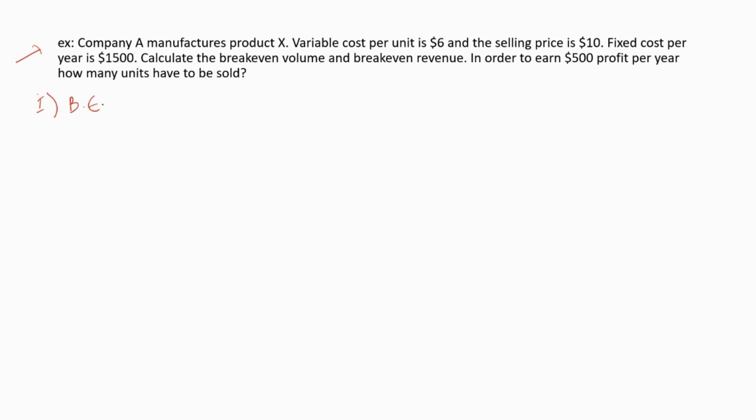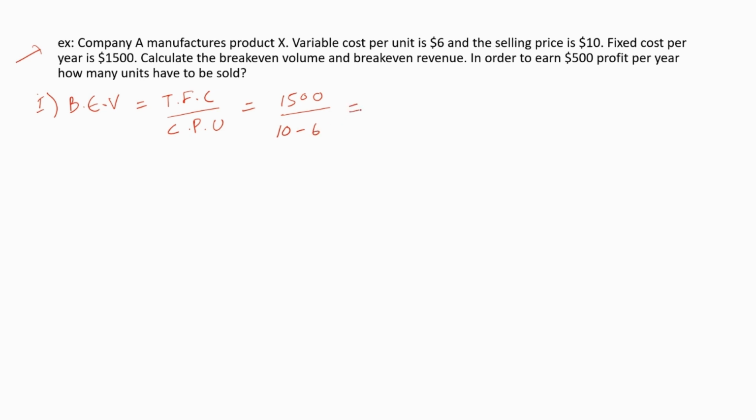Break-even volume. Break-even volume is equal to total fixed cost divided by contribution per unit. Total fixed cost is equal to 1500, divided by contribution per unit, which is equal to selling price, $10, minus variable cost, $6.